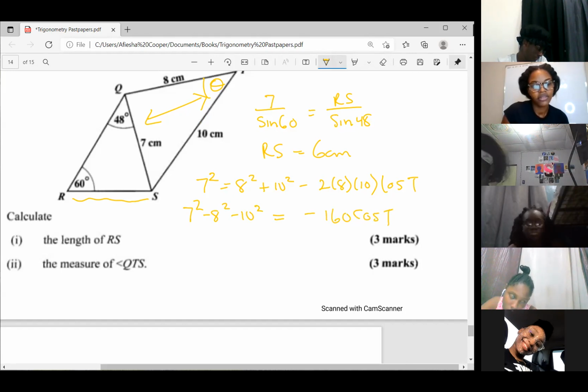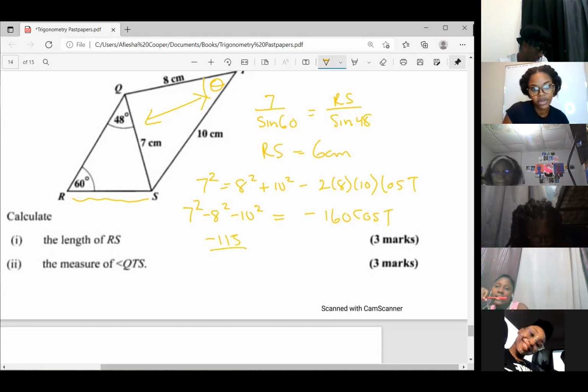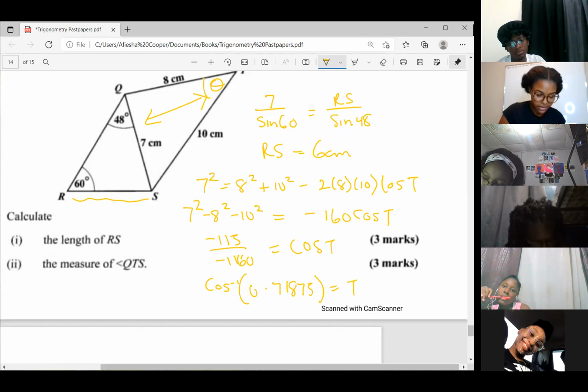So 7 squared minus 8 squared minus 10 squared is negative 115, over negative 160, is equal to cos t. And then this will be cos inverse of negative 115 divided by negative 160, which is 0.71875, equal to t. And cos inverse of that answer is 44.05.